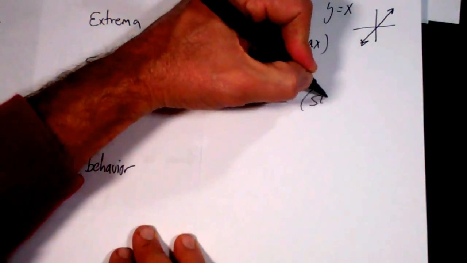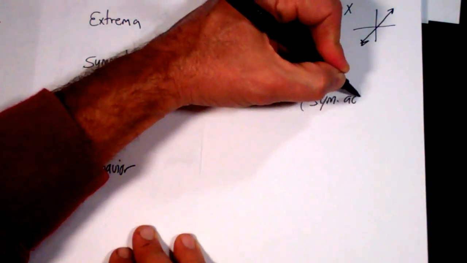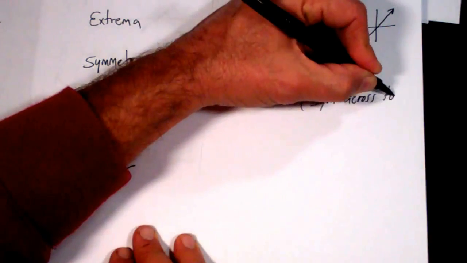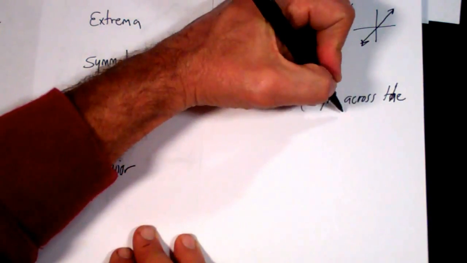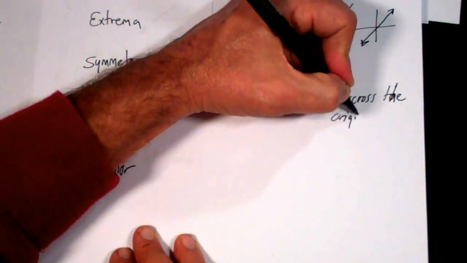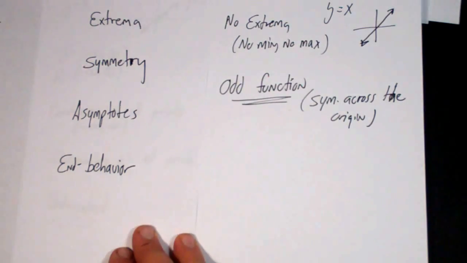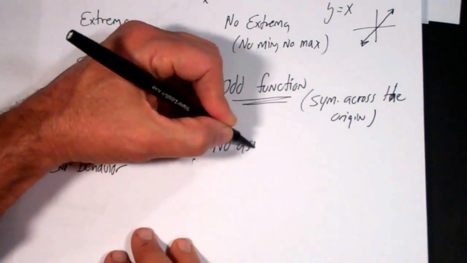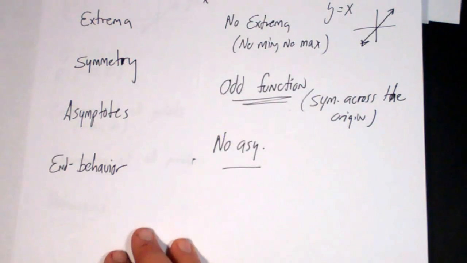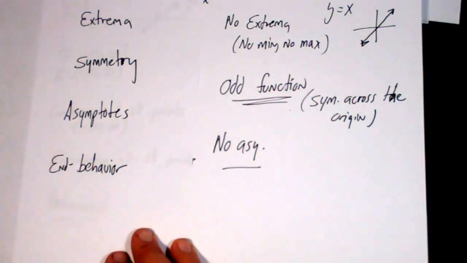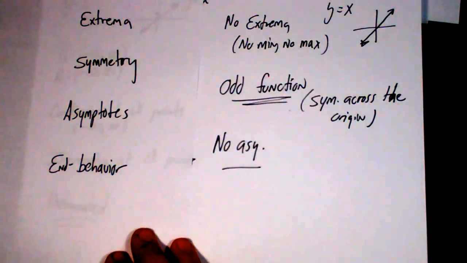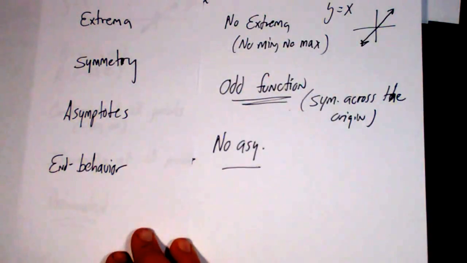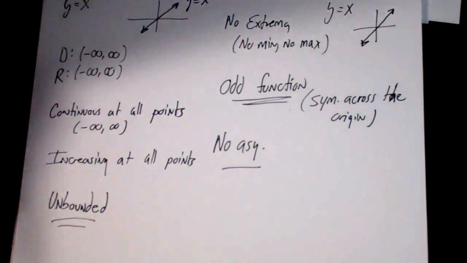Another way to say that is it's symmetric across the origin, or across the point (0, 0). It's very much like x cubed in that sense. And there are no asymptotes. So now we've cleared out 7 of our properties, and let's look at the 8th.